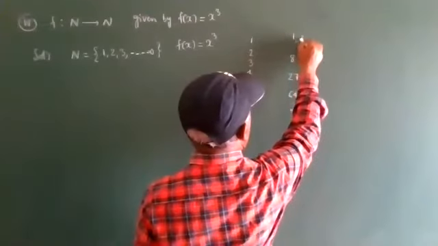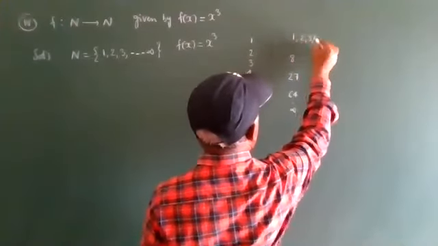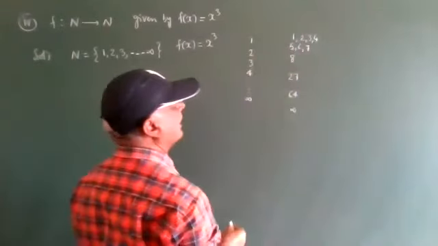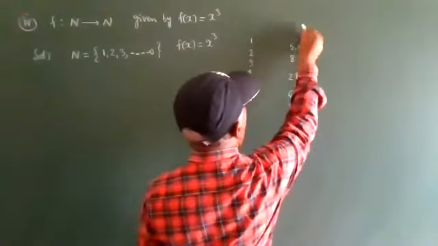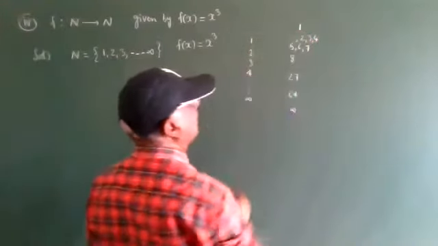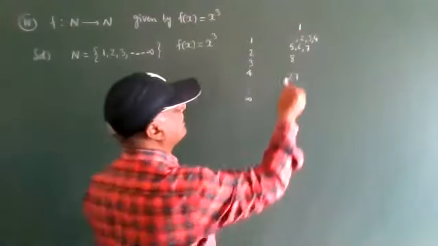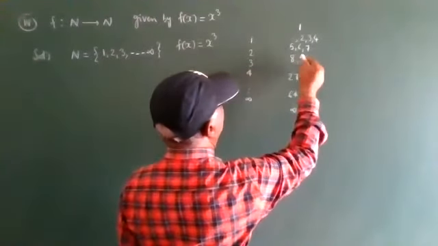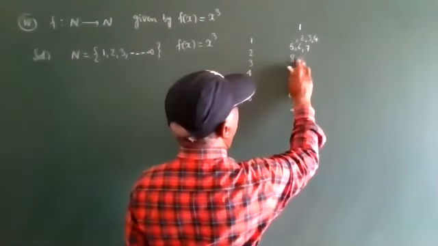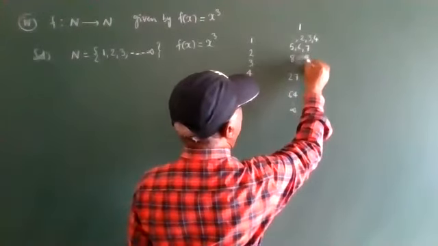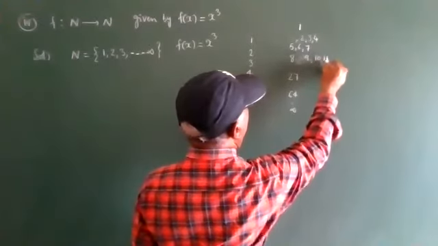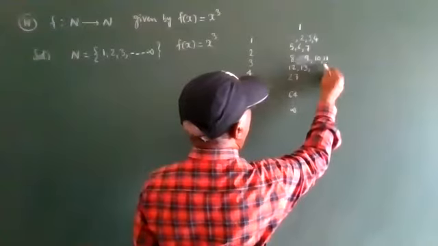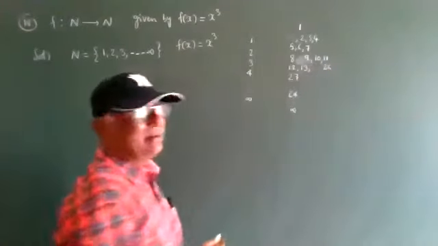We have 2, 3, 4 and 5, 6, 7, then 9, 10, 11, and 12, 13, 14, up to 26. 27 is there.